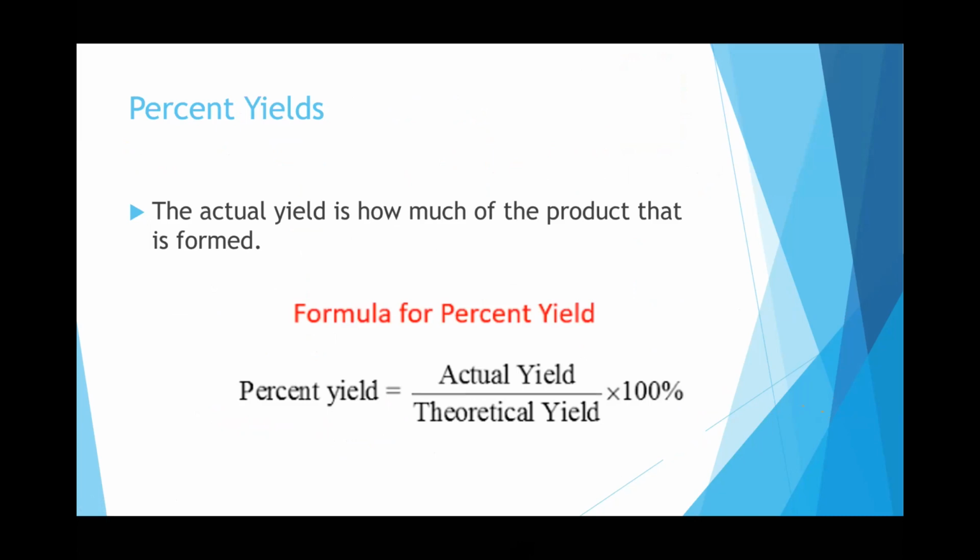But now we're going to introduce something called percent yield. So first we need to do the actual yield. So the actual yield is how much we actually formed. So we'll use a scale and we will weigh it at the end, and that scale will tell us how much we actually got. So for a short calculation here, let's use the previous problem.